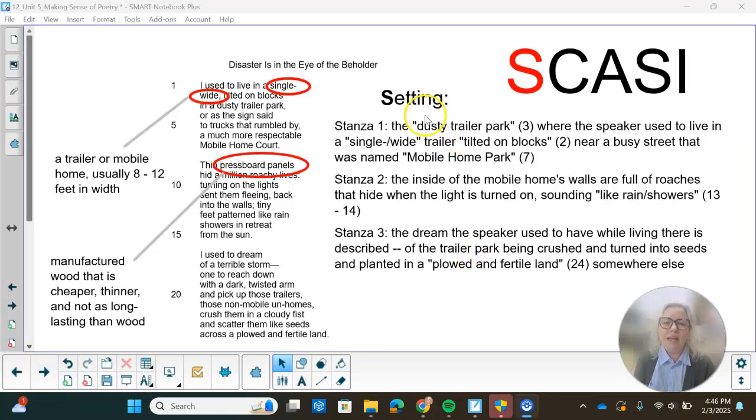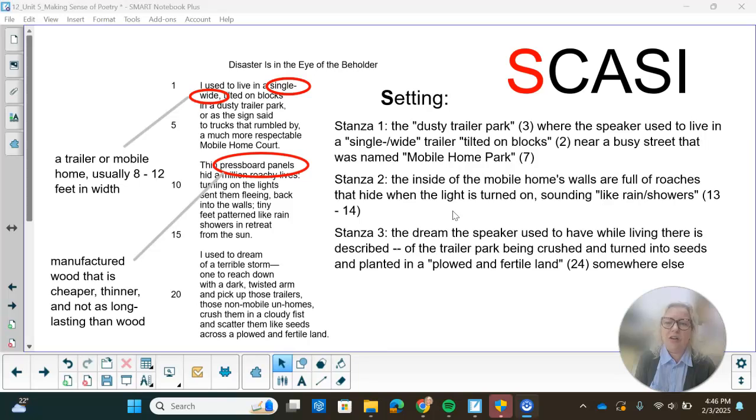All right, let's talk setting. We have in stanza 1, the dusty trailer park described, where the speaker used to live in a single wide trailer tilted on blocks near a busy street that was named Mobile Home Park. In the second stanza, here we're inside the mobile home, aren't we?